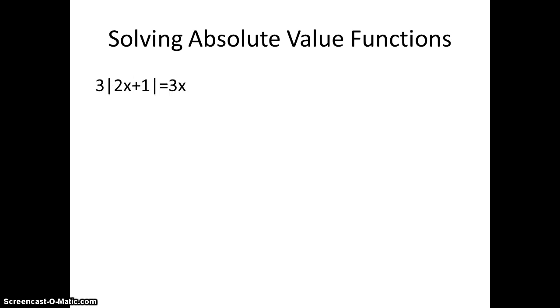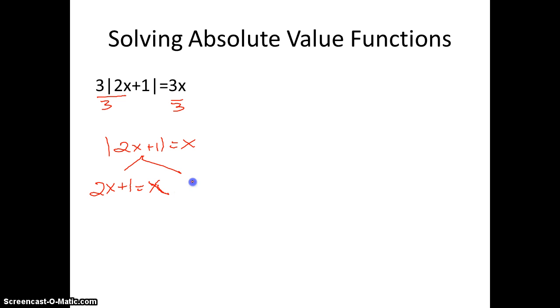All right, let's do one more. This will be our last one, and then we will be out of here for this lecture. I'm going to try to get through this one a little quicker. I'm almost out of time here. So let's divide by 3, divide by 3. The absolute value of 2x plus 1 equals x. And then I go ahead and split these. I have 2x plus 1 equals x.